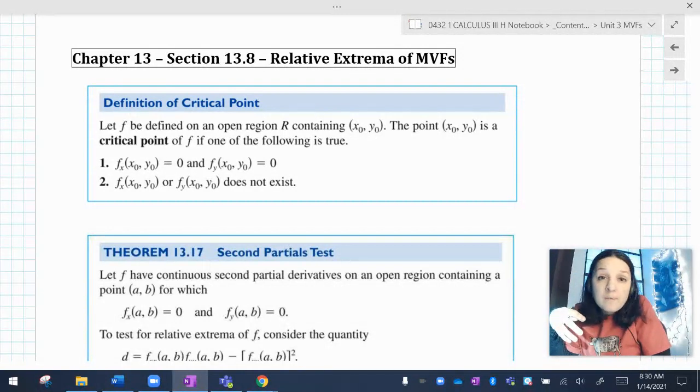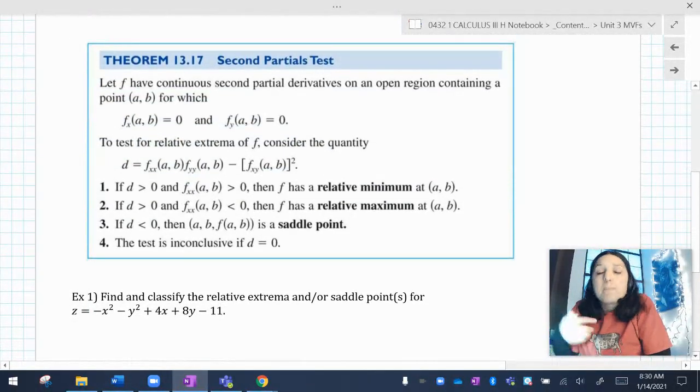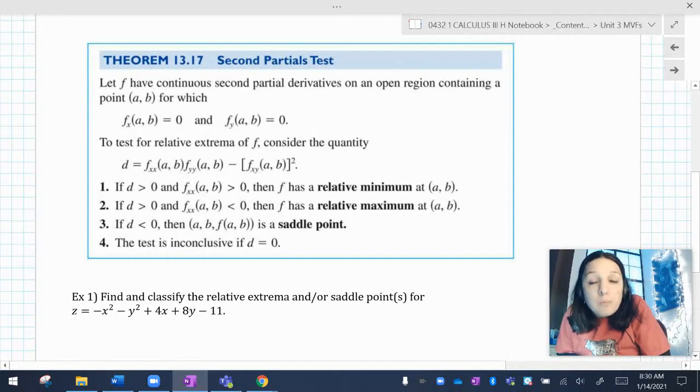Could be nothing, could be a saddle, could be a max, could be a min, or it could just be like a pointy, cuspy, weird thing. Okay? Now, last year, when we wanted to test whether something was a max or a min, we had the first derivative test, where if your first derivative went from positive to negative, then your function went from increasing to decreasing and you had a max.